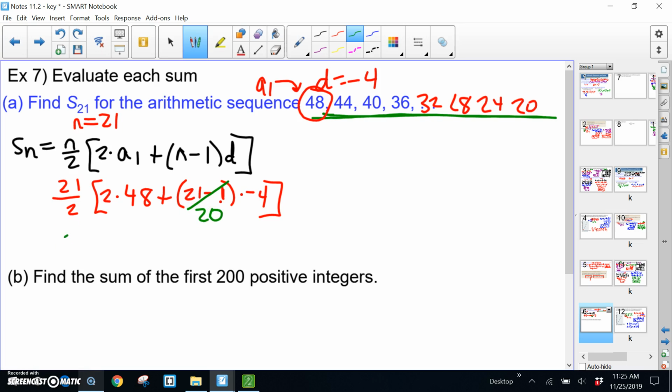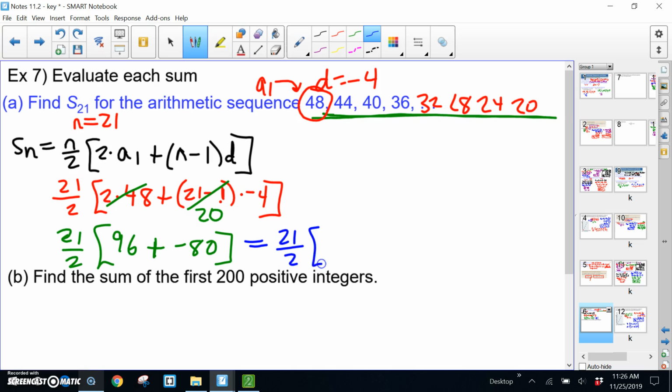We're going to have 21 over 2 times 2 times 48, which is 96, plus 20 times -4, which is -80. 96 plus -80 is 16. So we have 21 halves times 16. 2 goes into 16 8 times. 21 times 8 is 168.